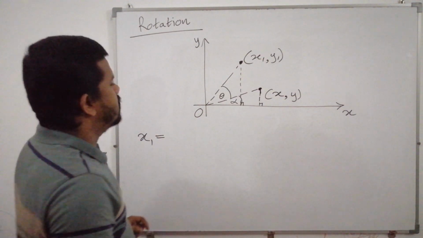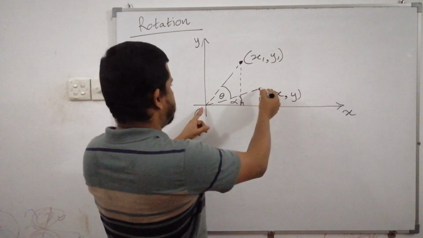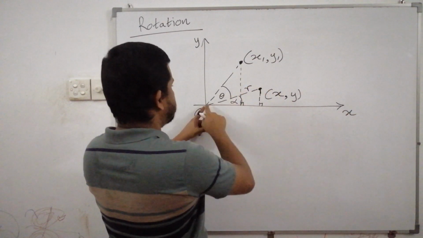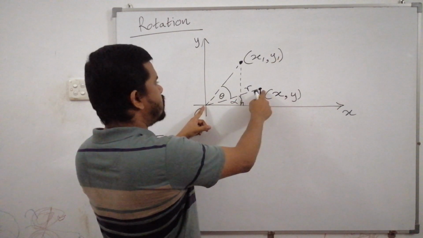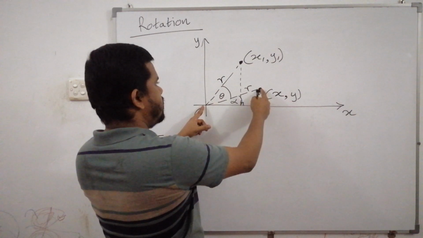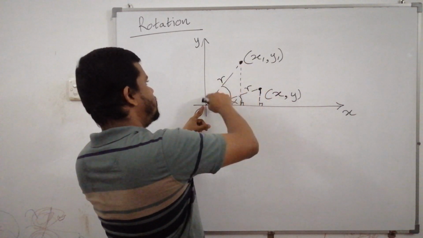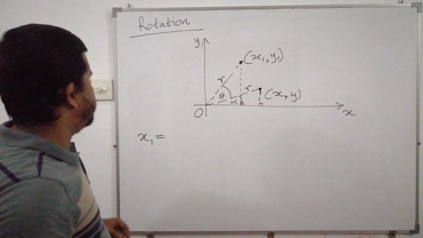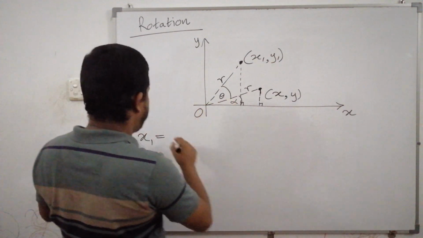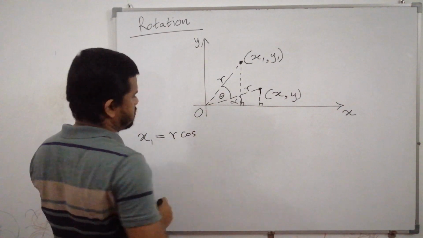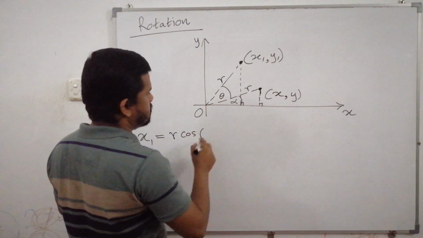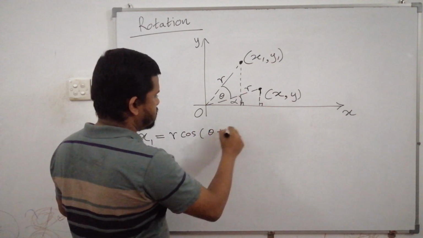Now let's take this length as r, here to here. Since it is a rotation around the origin, this length is also r. This length r, then this length is also r. So here x1 means r cos of theta plus alpha.